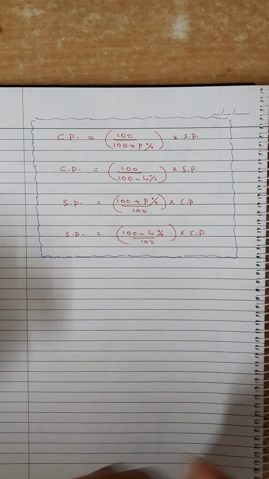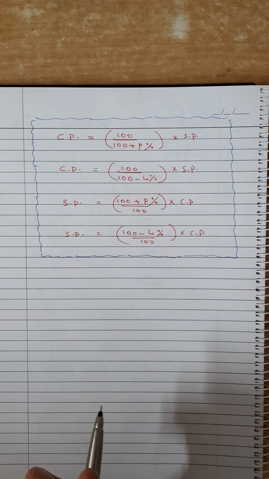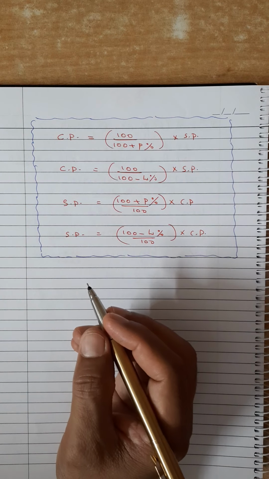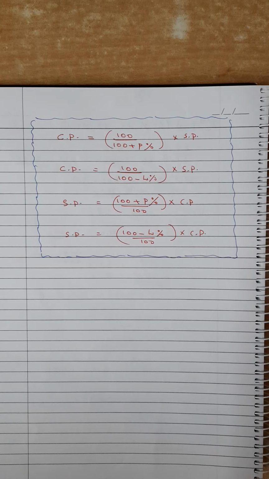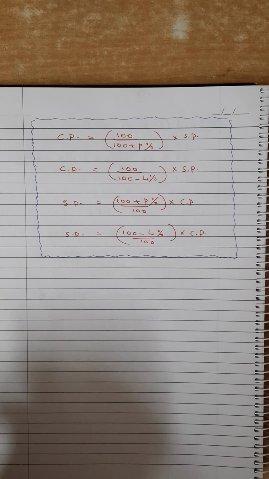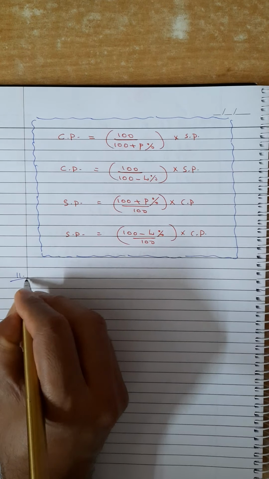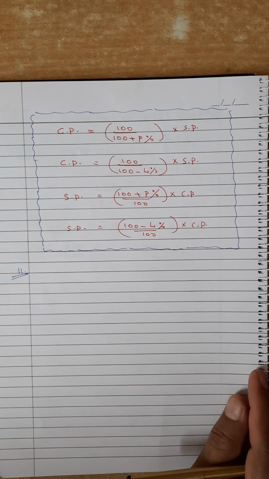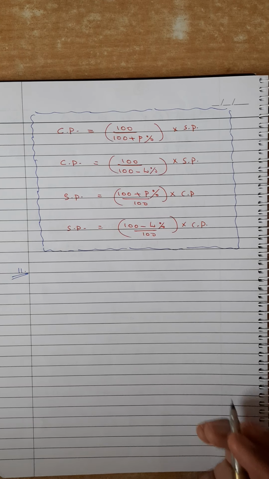Let me explain with the examples. From the same exercise we are continuing, that is exercise 6.2. Question number 11. By selling a chair for rupees 900.